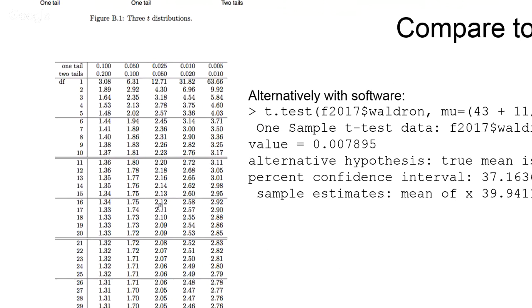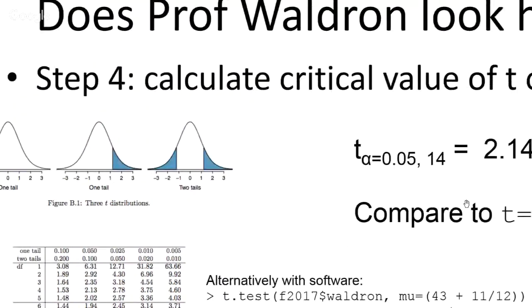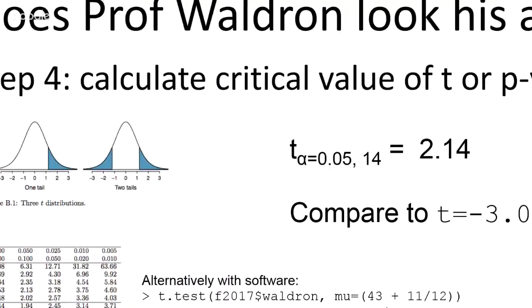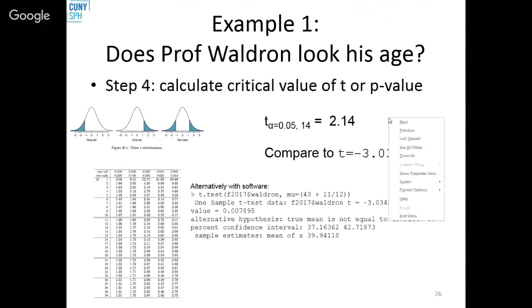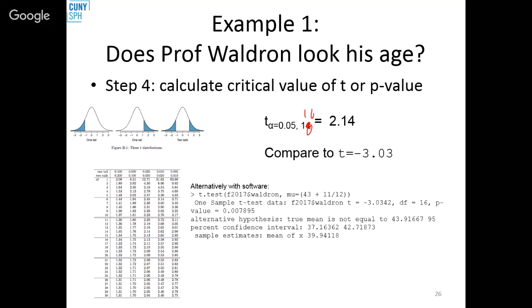Should it be 16? 16 degrees of freedom, thank you, 2.12. Did I get that right up here? No, I got it wrong there too. So this should be 16. And this should be 2.12.